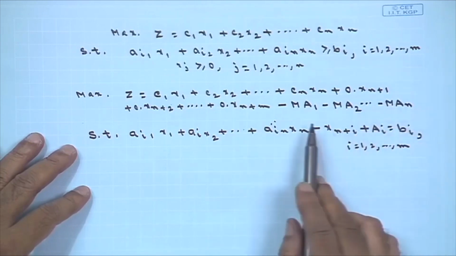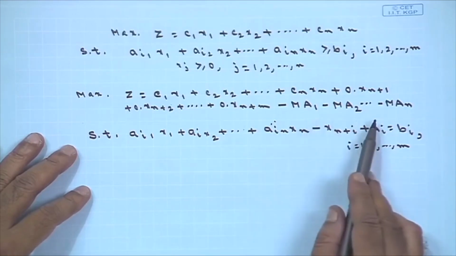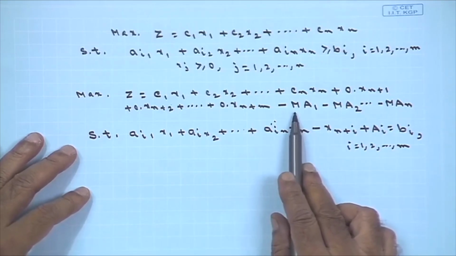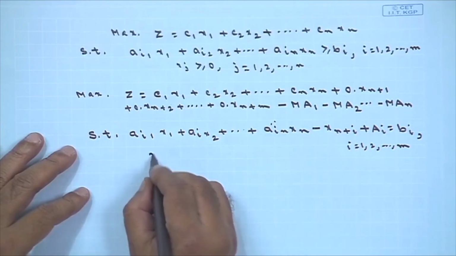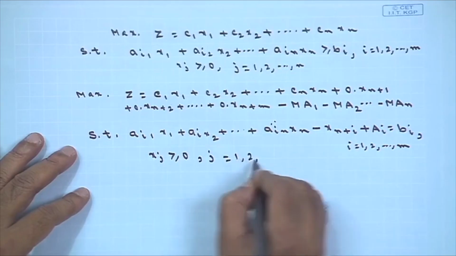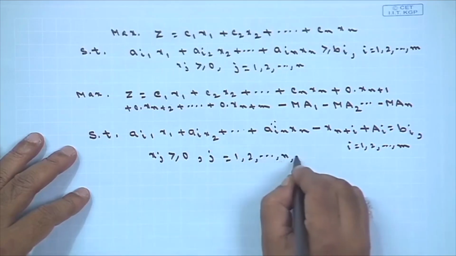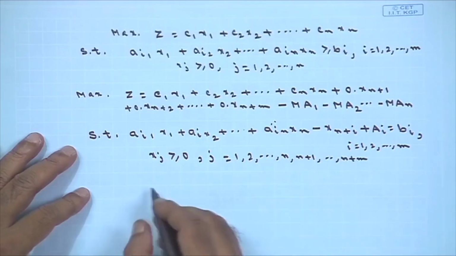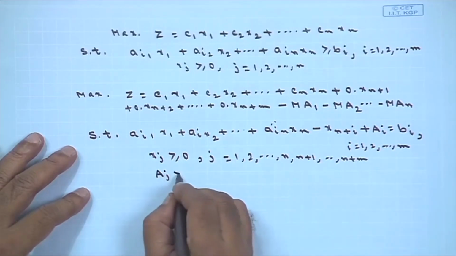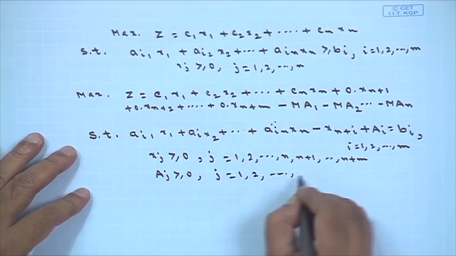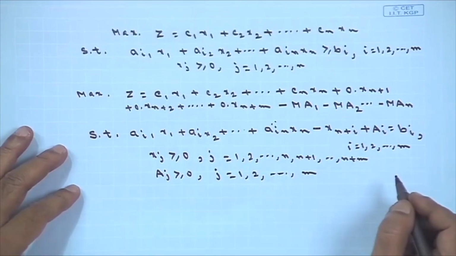So, for each artificial variable a, I am attaching a very high value M in the cost function, that is minus M. Obviously xj greater than equals 0, j equals 1 to n, n+1 up to n+m, and aj greater than equals 0, j equals 1 up to m.